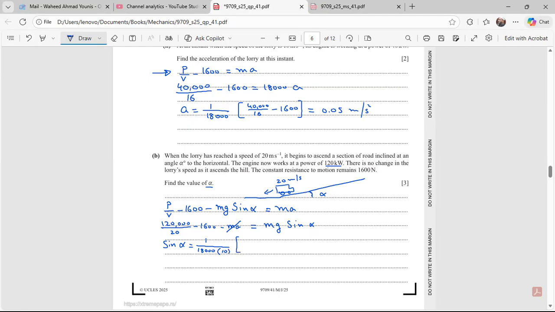And here I have 120,000 over 20 and minus 1600. And this all comes down to be 11 over 450. And when I did inverse sine, alpha is equal to sine inverse 11 over 450.